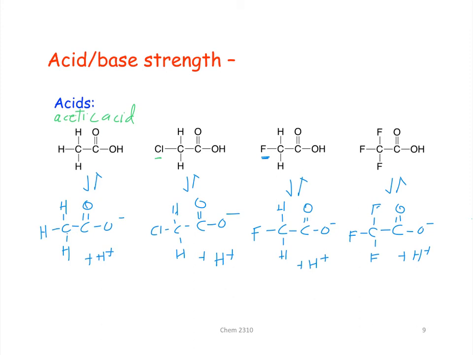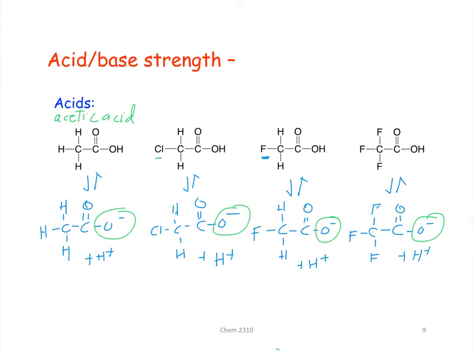Well, not really, because notice that this minus charge in each case is on the same atom. So the size argument only works when the minus charge resides directly upon that atom. Okay, so in this case, this functional group is called a carboxylic acid, and we have a carboxylic acid in each one.